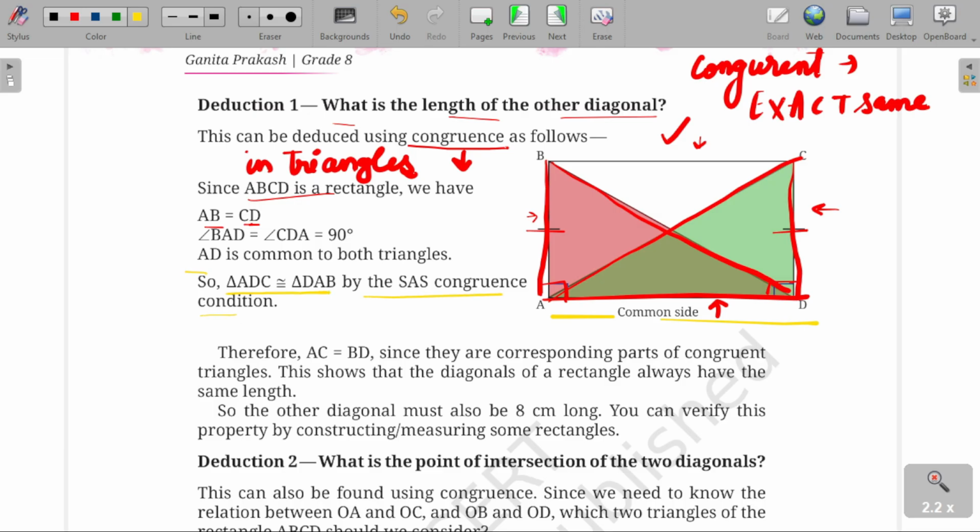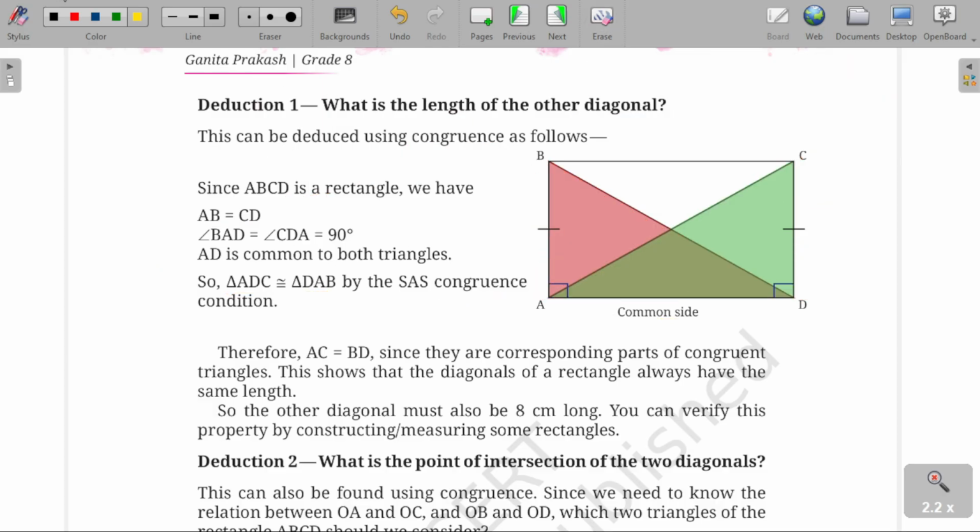Now this might be new to some students. Those who learned this concept in class 7, it will be easy for them, but I will make you revise this thing. So I'm revising the concept of congruency here.